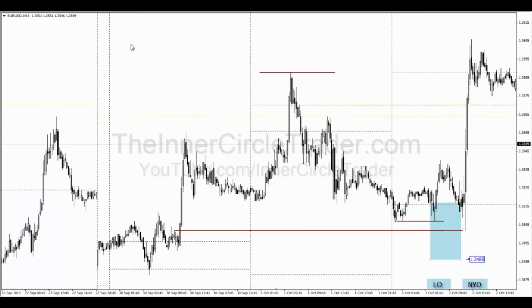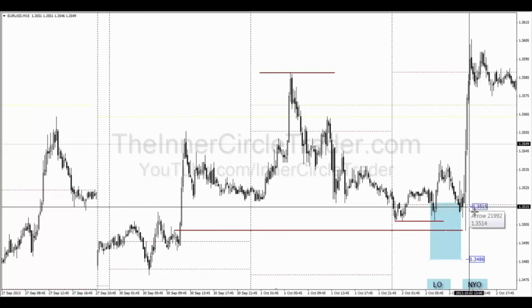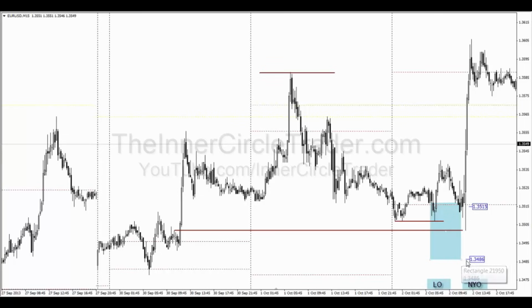And our entry would be approximately, let's go down to where we said 135.15. So we have our entry points. And that's showing 28 pips. I would need this to go a little bit deeper. There you are.